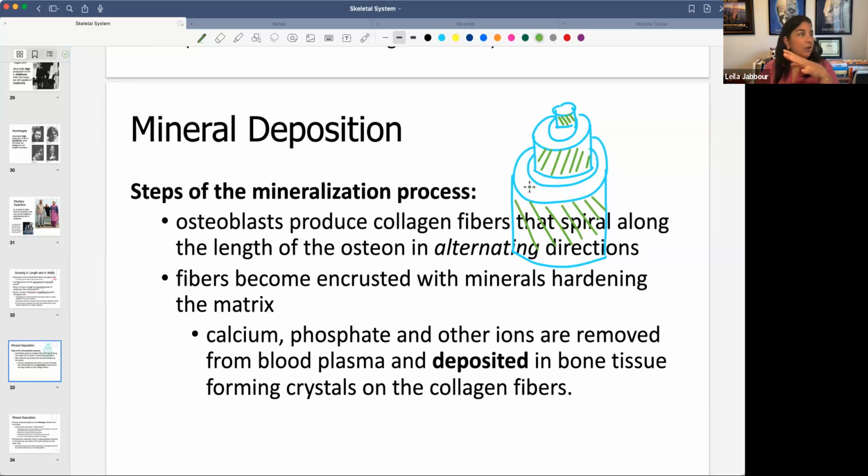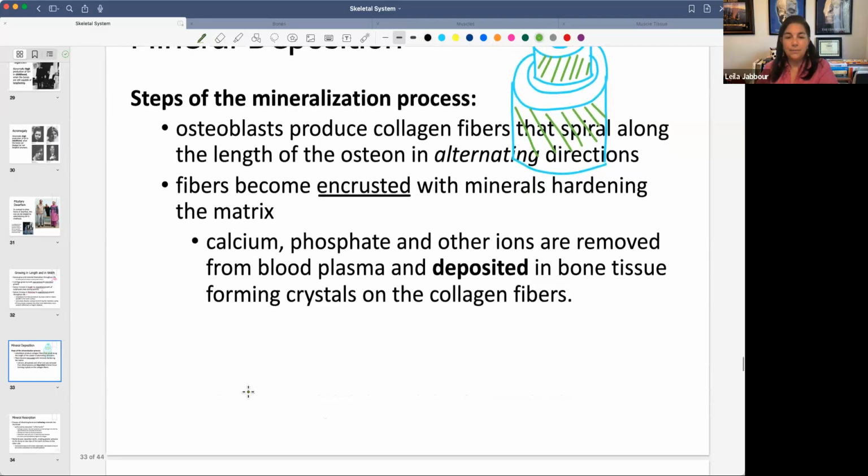So once these fibers are put in place in these very specific orientations, they become encrusted with the minerals, which harden the matrix. So I'm going to draw the fibers, right? Let's say they're here and going in this direction, like these over here, for example.